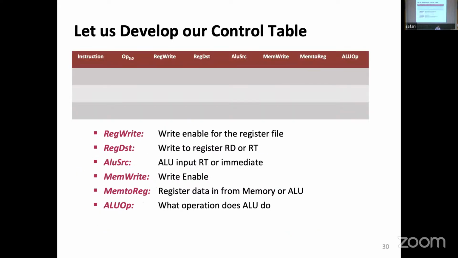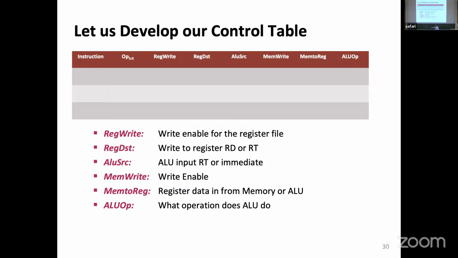So what we do is we develop our control table. And for all the multiplexers we have here, don't worry, this is coming once again. There will be yet another one, the same one. We discussed a number of things yesterday. Am I having a write enable for the register file? Am I writing to the address shown by RD or RT?